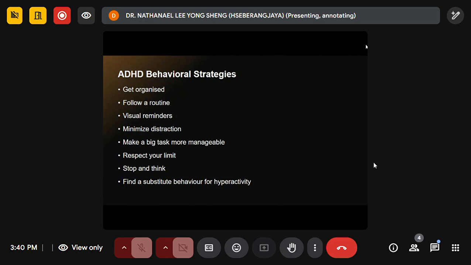But it's not too functional, because it displays to people that you are restless, and sometimes it would actually disturb other people. So we would advise them, instead of turning your pens or moving your hands, to try to make notes during your lecture, people's briefings, meetings and all that.